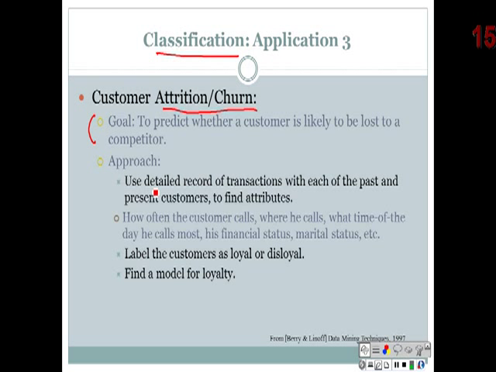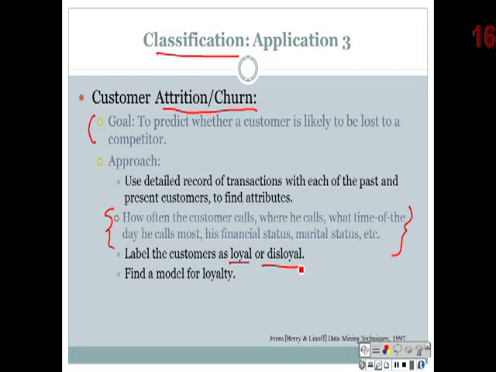So the approach is to use detailed records of transactions with each of the past and present customers to find attributes: how often the customer calls, where he calls, what time of the day he calls most, his financial status, and his marital status. So they collect all this data and run the classifier algorithm. They label the customer as loyal or disloyal.